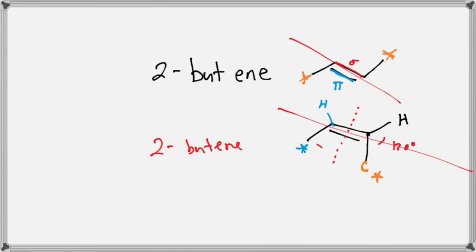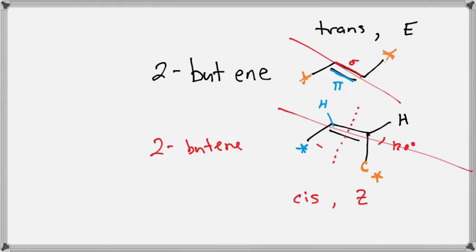No, we need a new system to be able to label this. And unfortunately, we come up with two naming systems. We get cis, meaning they're on the same side, and we also get Z. For the top one, we would get trans or E.